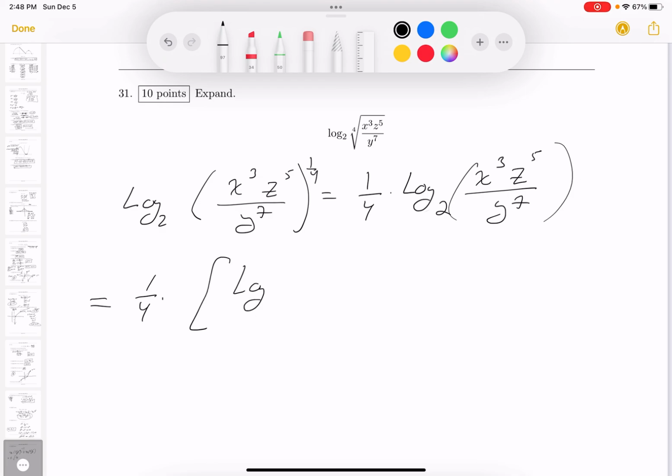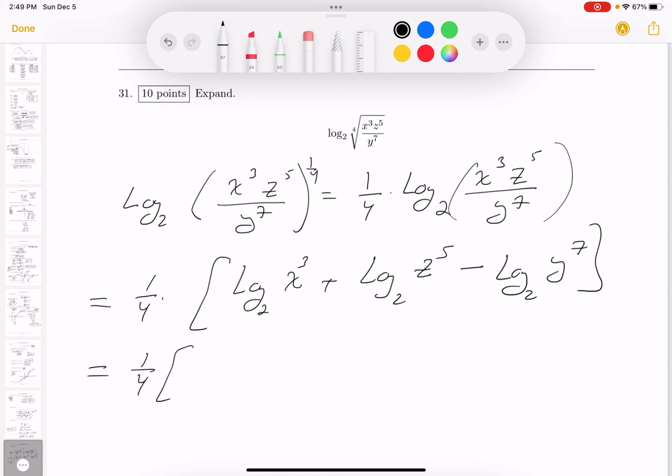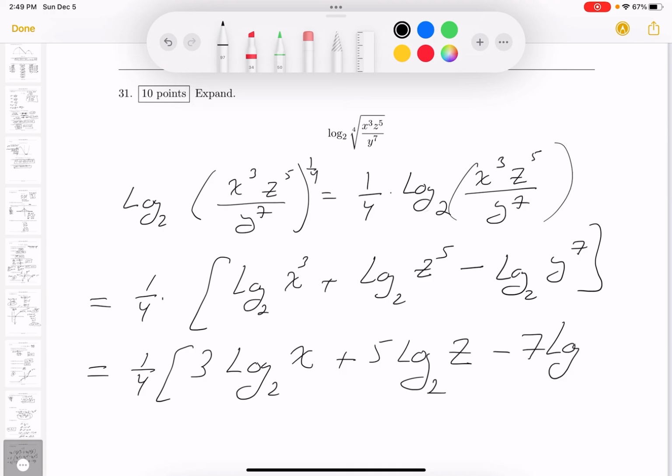So log 2 x cubed plus log 2 z to the 5 minus log 2 y to the 7. All right, let's keep going. One step at a time, 1/4. This would be 3 log 2 x plus 5 log 2 z minus 7 log 2 y.